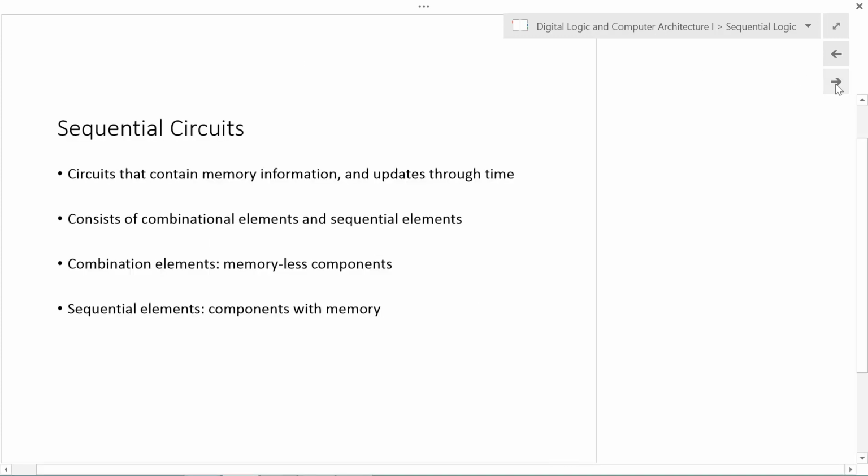So let's talk about sequential circuits. They are circuits that contain memory information and update through time. They consist of combinational elements and sequential elements. Combinational elements are memoryless components that change their outputs immediately as soon as an input changes. Sequential elements are components that have memory included. The memory components do not change their outputs until a clock signal is received.